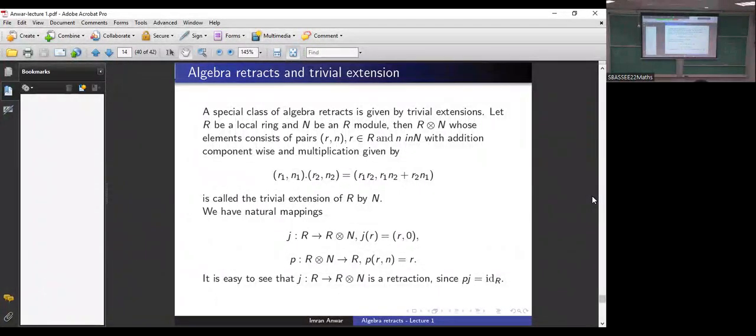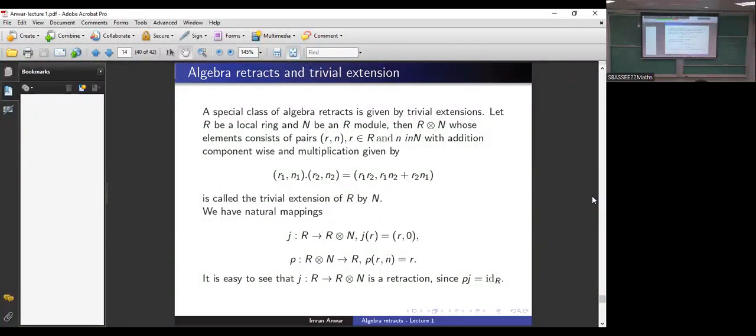If you multiply (R1, N1) with (R2, N2), this is what you get. This particular extension is called the trivial extension of R by N. This is the definition of the trivial extension of R by N, given by Herzog in that paper.